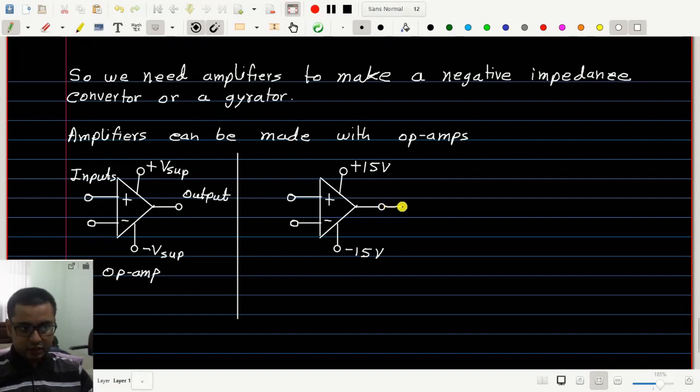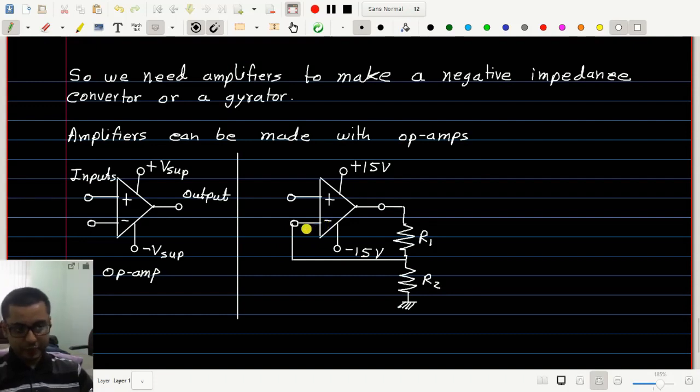Then take two resistances like this, R1 and R2 in series, connect the other end to the ground, and this point you connect with the minus input terminal.